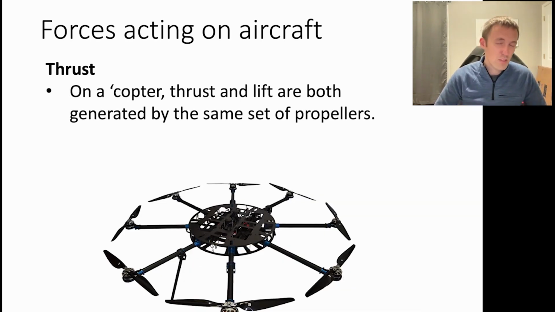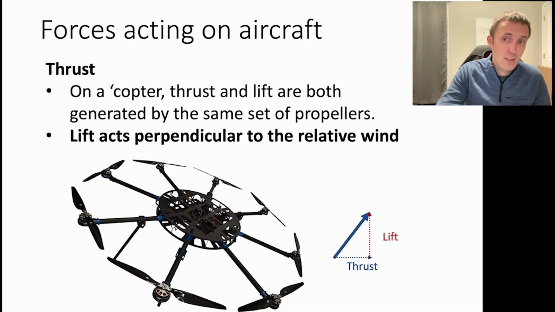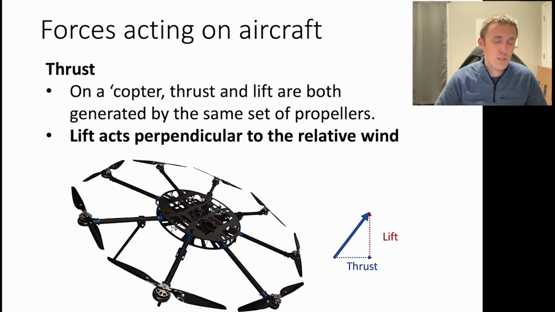On a quadcopter or an octocopter, this is going to be a little bit different. Thrust and lift are both generated by the same set of propellers. And so in order to generate thrust, you have to tip your quadcopter. If you've seen a quadcopter or an octocopter fly before, you know that when they're moving around, they are tipping back and forth. And this tipping produces essentially a vector decomposition of the total force generated by these propellers.